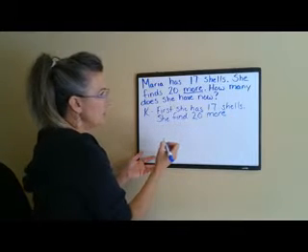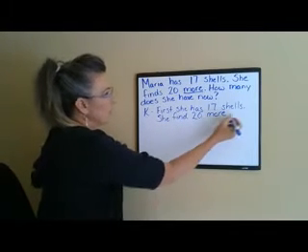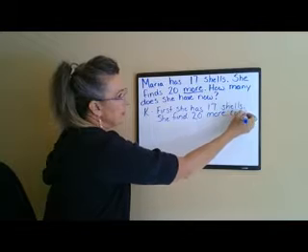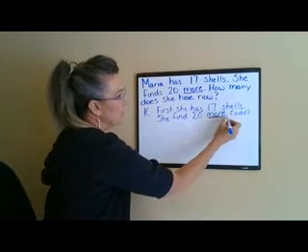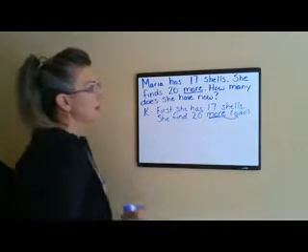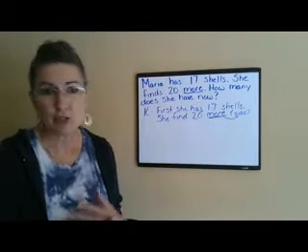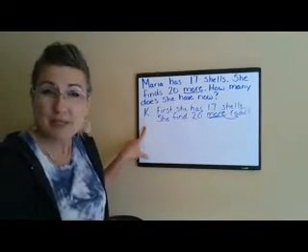Okay, so we know that we're going to add. Okay, I'm going to put this off to the side here. So if we have more, that means we're going to add.